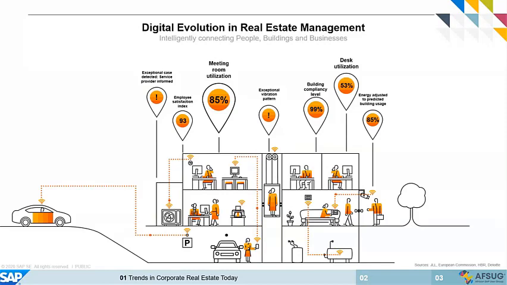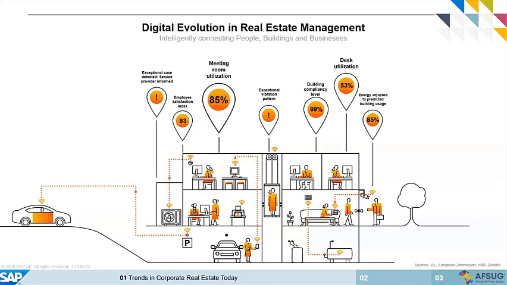SAP enables a digital real estate transformation that I think is well described by the phrase intelligently connecting people, buildings, and businesses. By using smart technology and sensors, we're able to leverage numerous data sources that real estate managers can now use to get much better insight into the status and usage of their buildings.